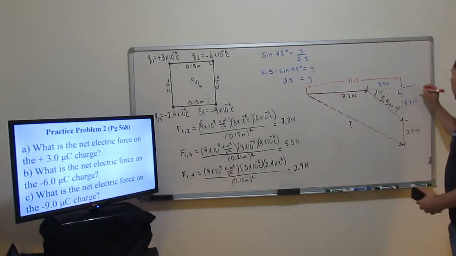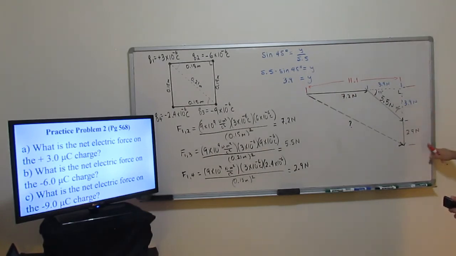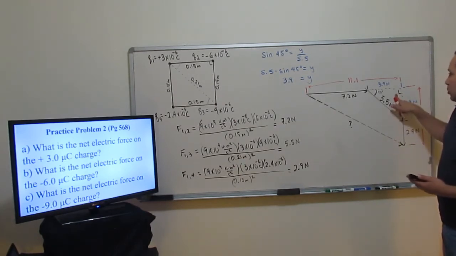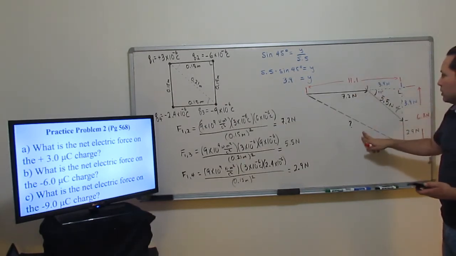Now, same question on this side. What's this whole length? From here to there, it's going to be 2.9 plus 3.9, which is 6.8 newtons. Now can you give me that right there? Sure, that will be the Pythagorean theorem because it's a right triangle. A squared plus b squared equals c squared.